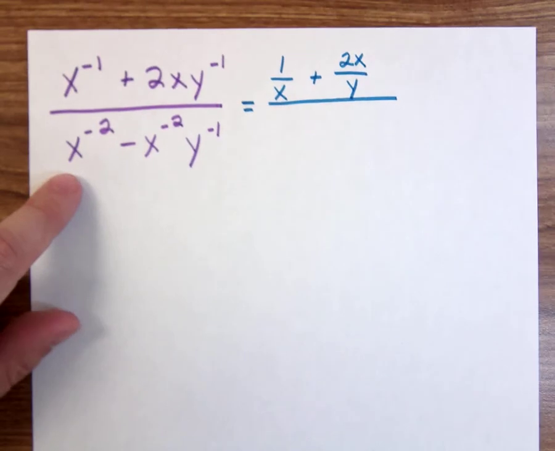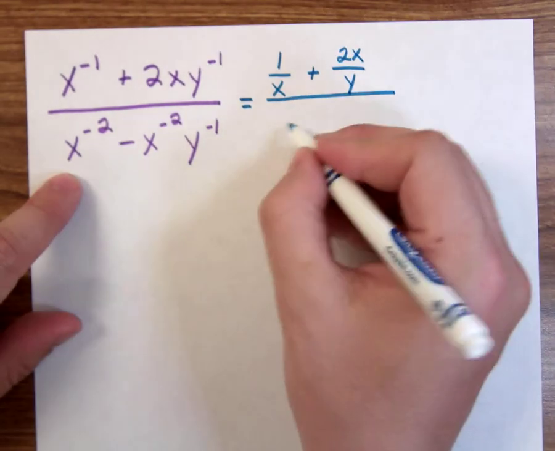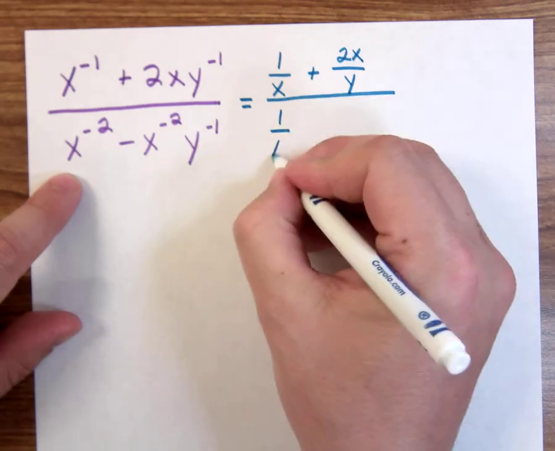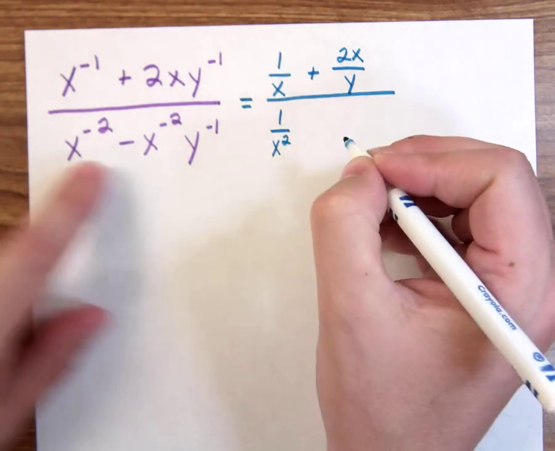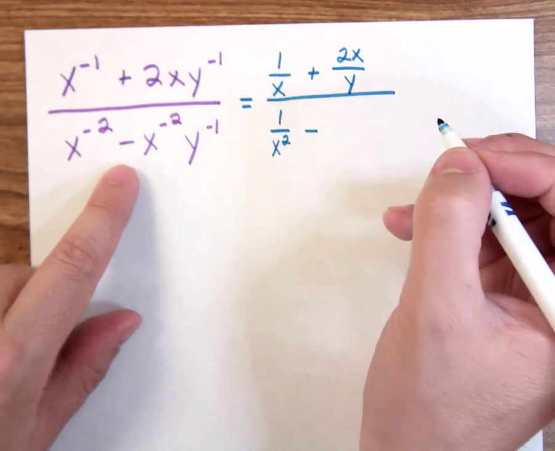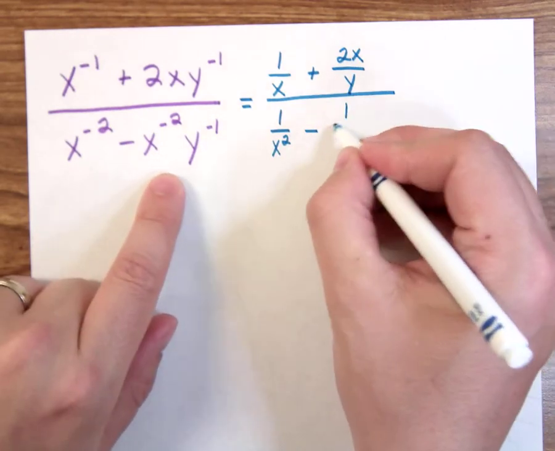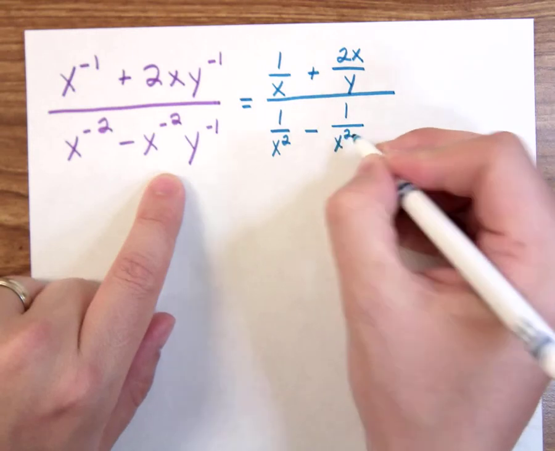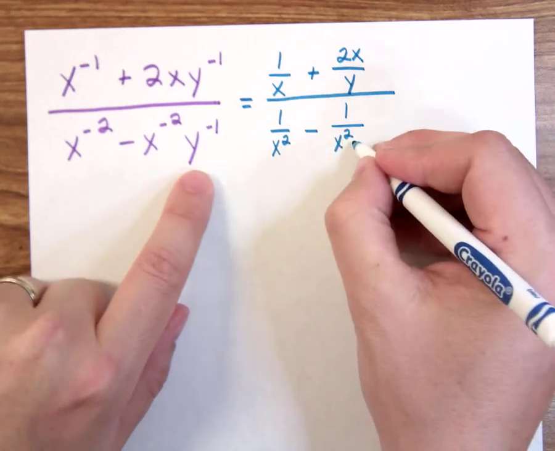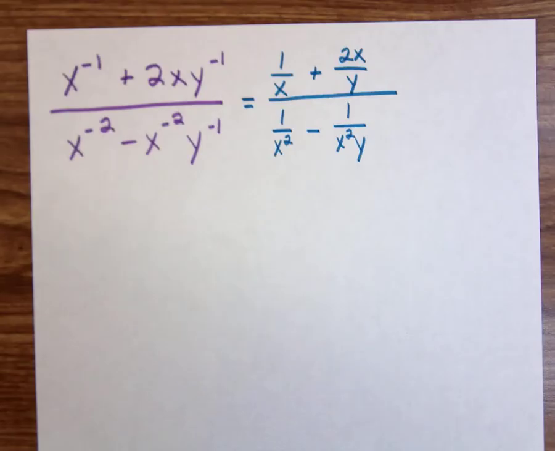What do you suppose this looks like? 1 over x squared minus 1 over x squared, and also the y to the negative first is down there with the x squared.